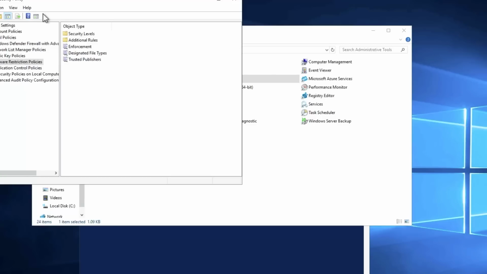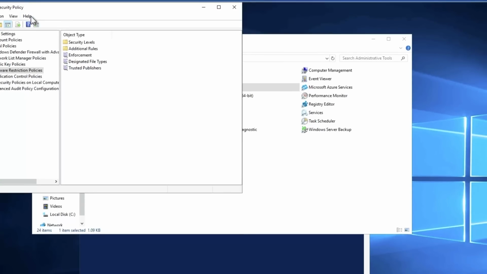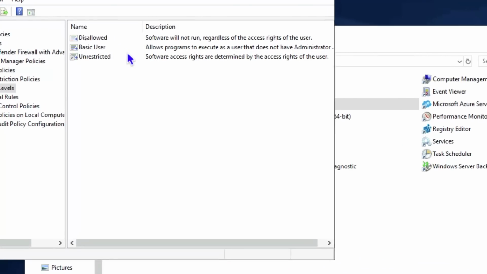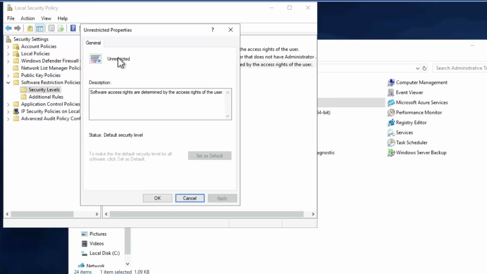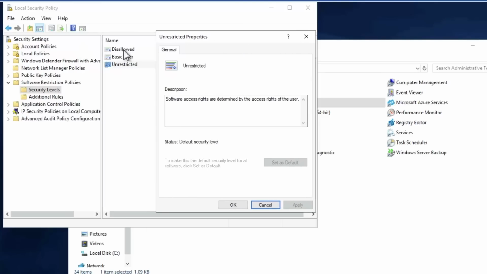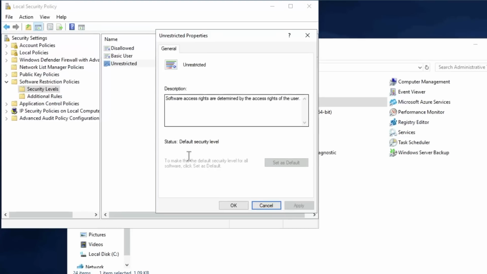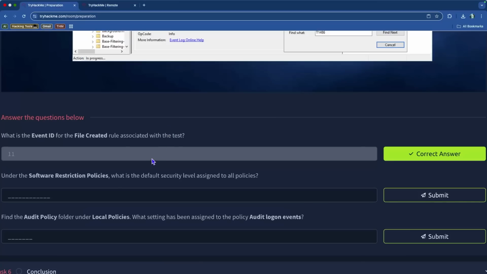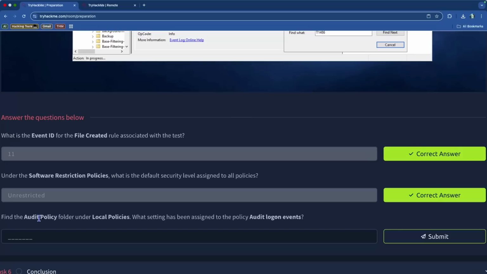It says, what is the default security level assigned to all of the policies? So security levels, there we go, and default for all policies. Once we open them, the first two said it's not the default, and the last one, unrestricted, says that this is the default security level. So the default security level for all of them is unrestricted.